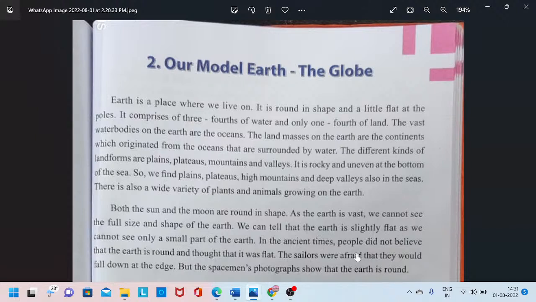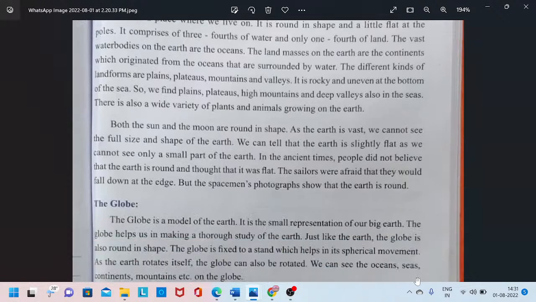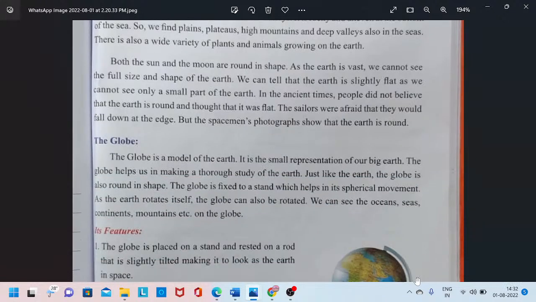In ancient times, people did not believe that the earth is round, and thought that it was flat. The sailors were afraid that they would fall down at the edges, but the spacemen's photographs showed that the earth is round. How do we know that?